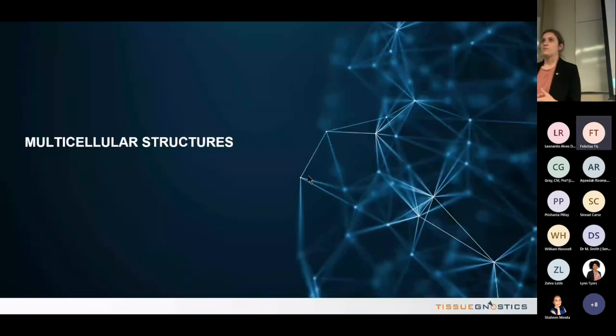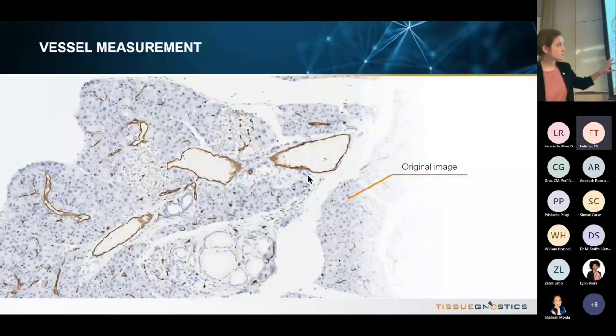But as I said, single cell analysis is just one part of the analysis, but you can also detect multicellular structures. So in this case, you see, I think it's pancreas tissue, and it's stained for endomucin to detect the blood vessels, and it's also stained for hematoxylin for the nuclei. And here the client actually wanted to detect the blood vessels.